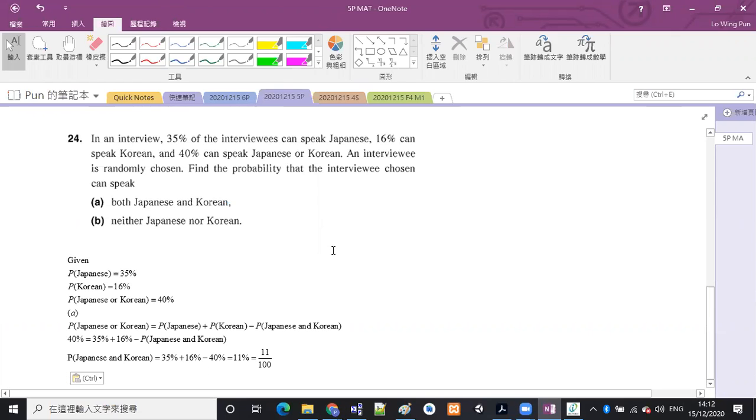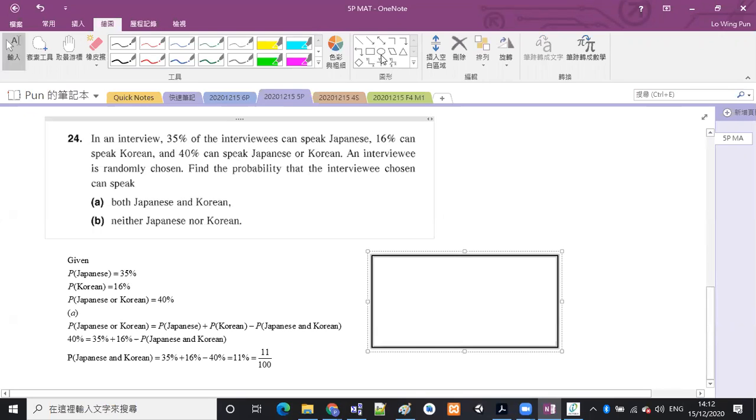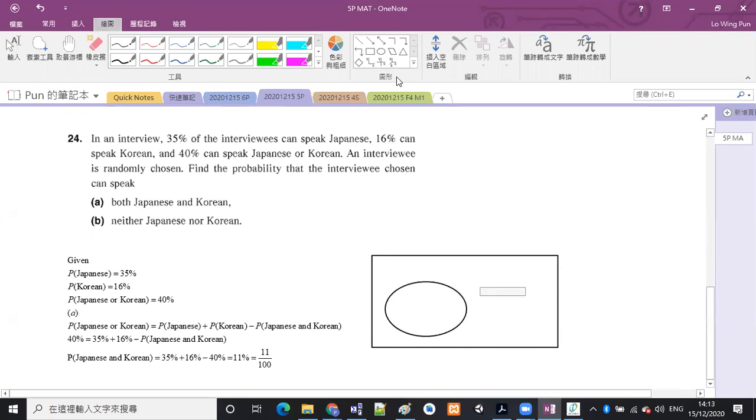And then part B, neither Japanese nor Korean. 好啦，呢度又唔識講日文，又唔識講韓文嘅，咁我哋應該係點樣去諗呢樣嘢呢？我用翻呢一樣嘢去做啊。OK, 有冇印象我做過呢樣嘢㗎？即係揾兩個圈圈咁樣。Sorry. Okay, so one of them is speaking Japanese.